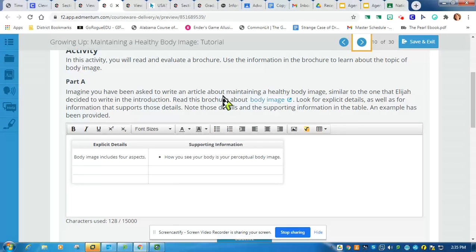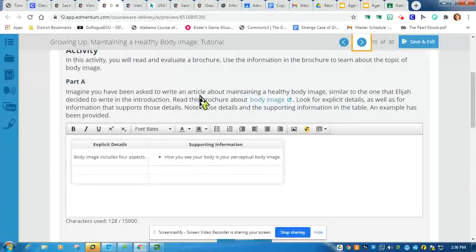That means that the style of your writing is going to need to be formal. The style of your writing is going to need to be mature, okay? Very scholarly in order for it to be persuasive. So keep that in mind when it says you're going to write an article, okay?